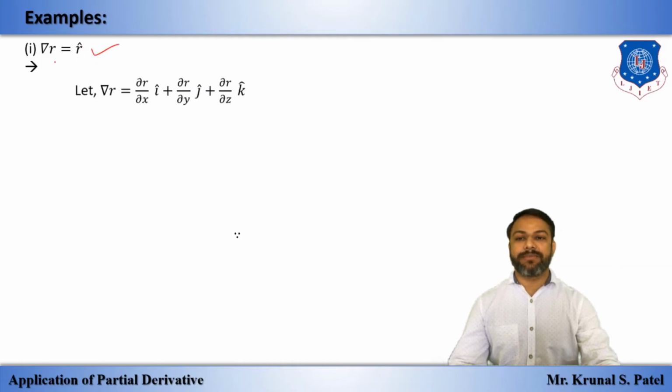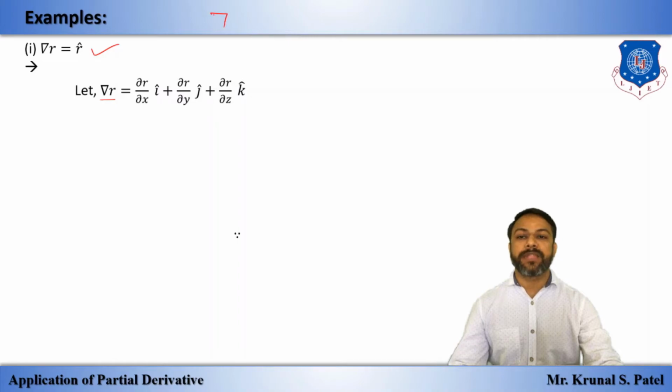So we'll start with the left hand side. What is the meaning of del r? Del r means grad r. Grad r is equal to del by del x of r into i vector, del by del y of r into j vector, del by del z of r into k vector.